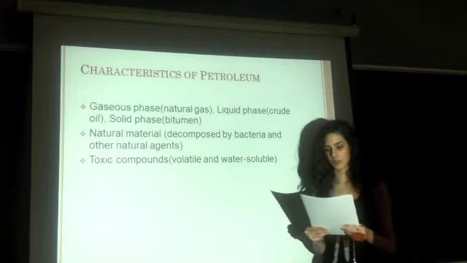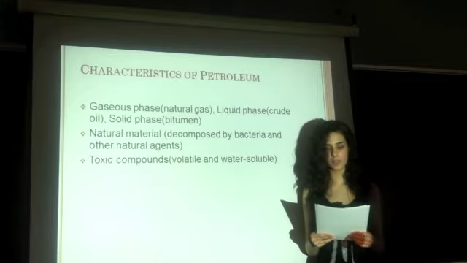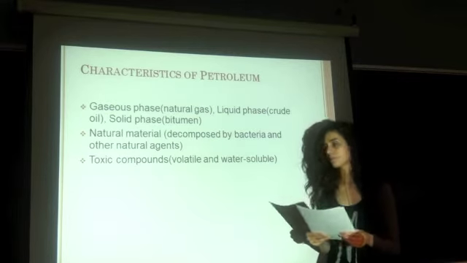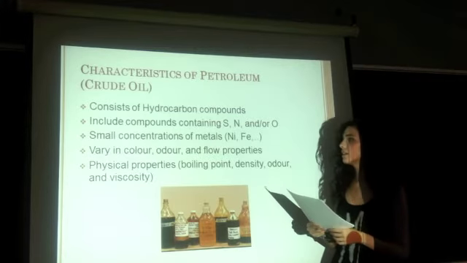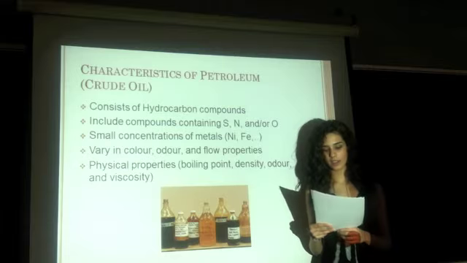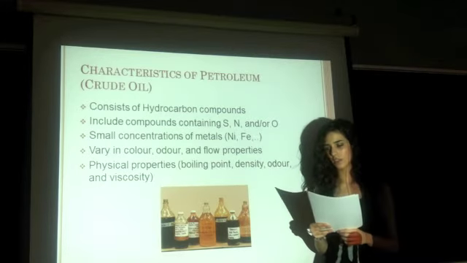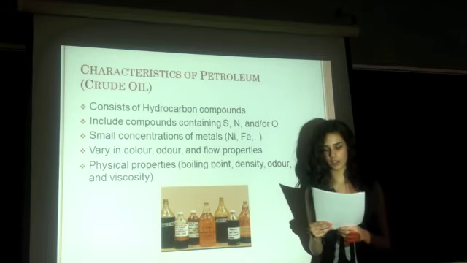Here we're going to discuss the molecular composition of the liquid portion of petroleum and its characteristics. Next slide. Crude oil primarily consists of hydrocarbon compounds, and in addition, crude oil also includes compounds containing sulfur, nitrogen, and oxygen.